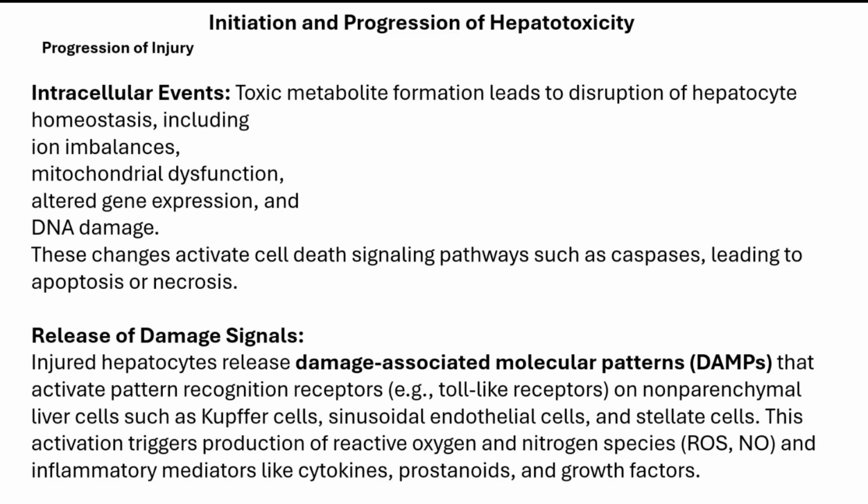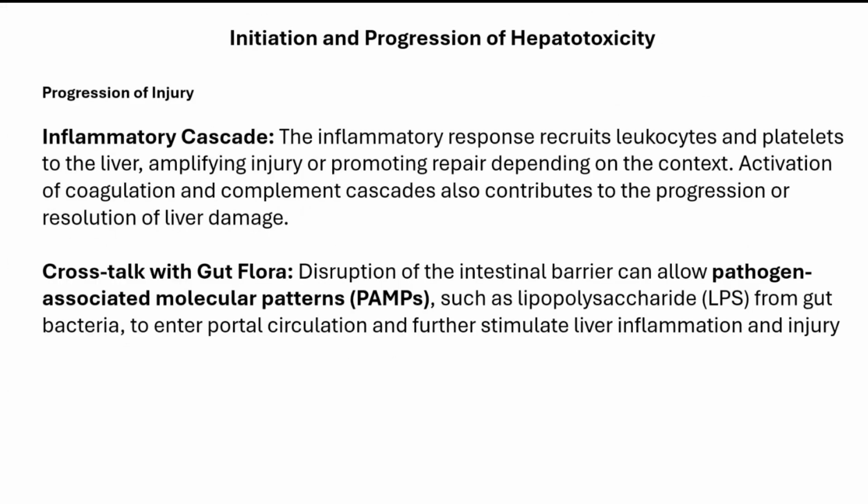The release of damage signals: injured hepatocytes release damage associated molecular patterns that activate pattern recognition receptors like toll-like receptors on non-parenchymal liver cells such as Kupffer cells, sinusoidal endothelial cells, and stellate cells. This activation triggers production of reactive oxygen and nitrogen species and inflammatory mediators like cytokines, prostanoids, and growth factors.